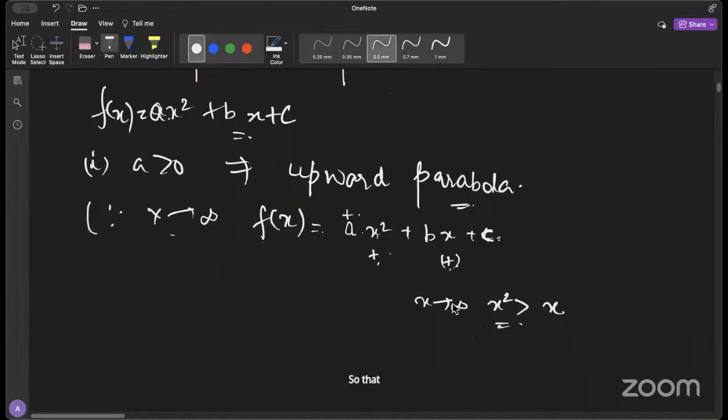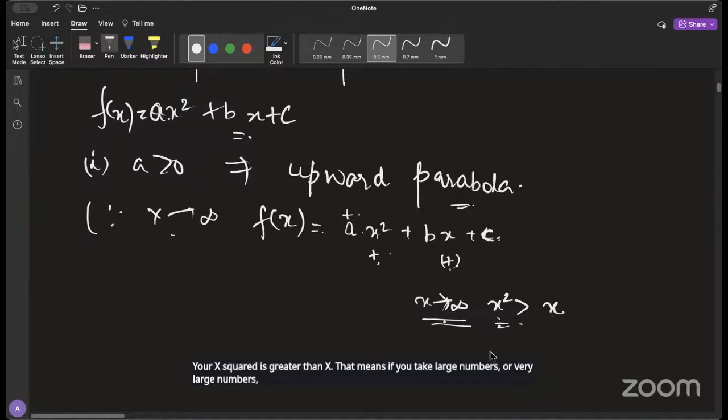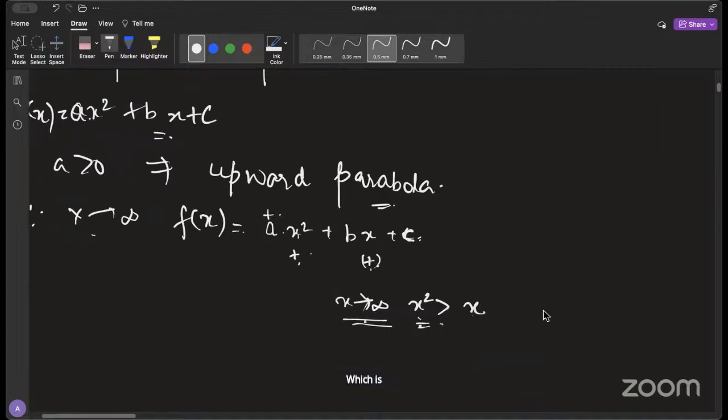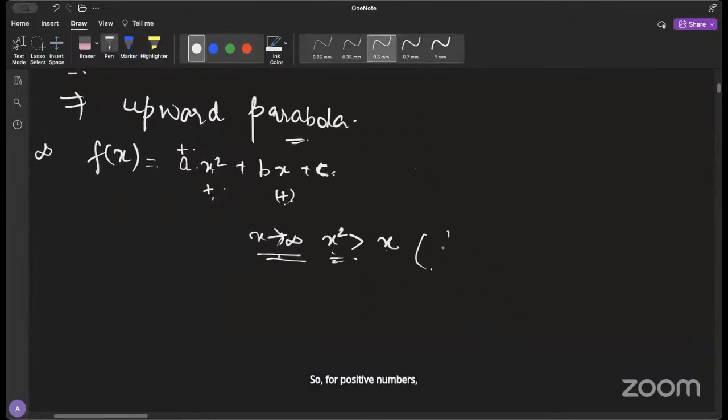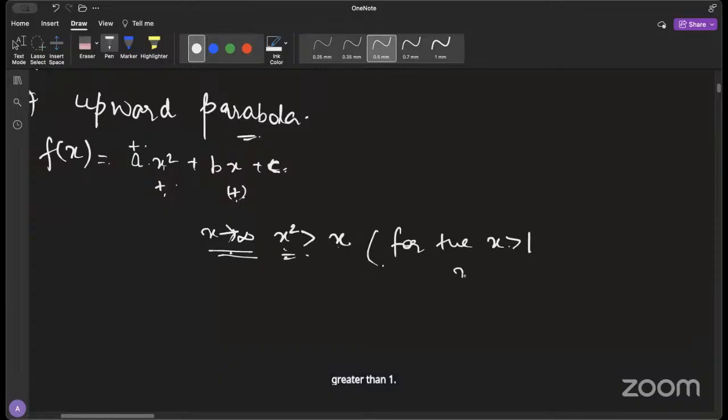Does this thing make sense to everyone? When x tends to infinity, x squared is greater than x. That means for very large numbers, x squared is greater than x, which is actually always true unless you take x to be between 0 and 1, or minus 1 to 1. So for positive numbers greater than 1, x squared is always greater than x, right?